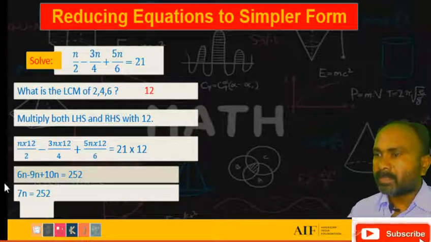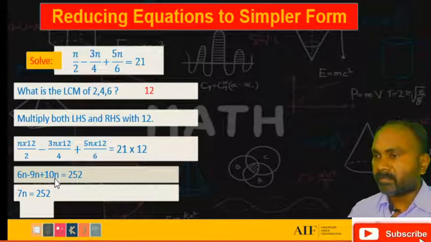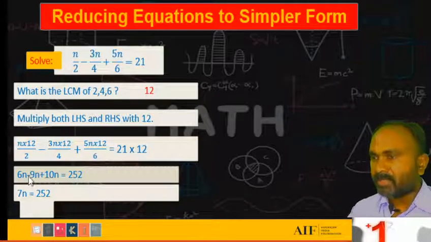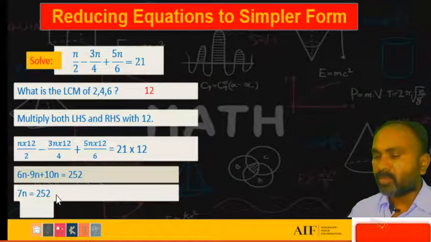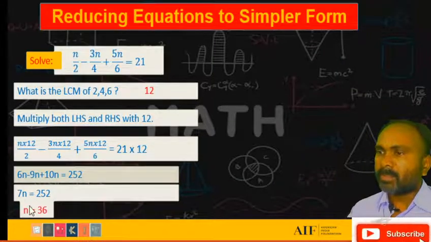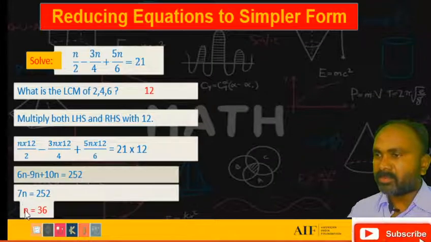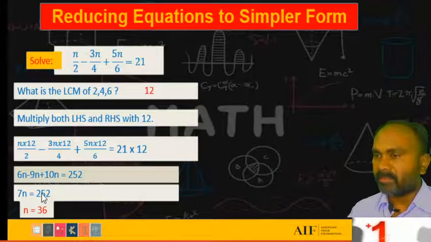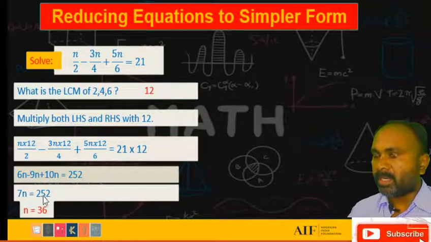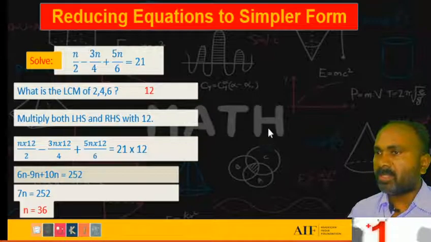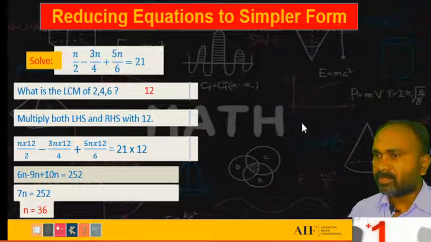Here 6 minus 9 plus 10: 10 plus 6 is 16, 16 minus 9 is 7, so 7n equals 252. So n is equal to 252 by 7. 7 threes are 21, remainder 4, 7 sixes are 42. So n is equal to 36. The value of n is 36.